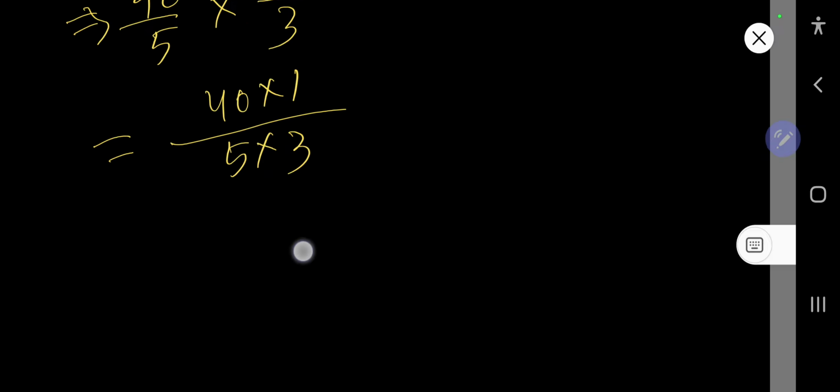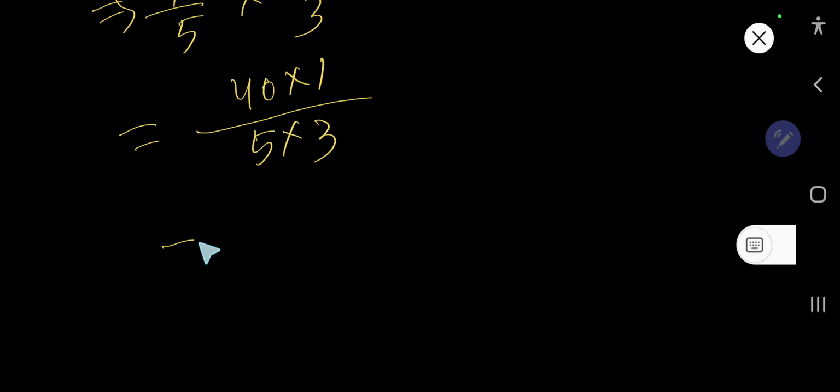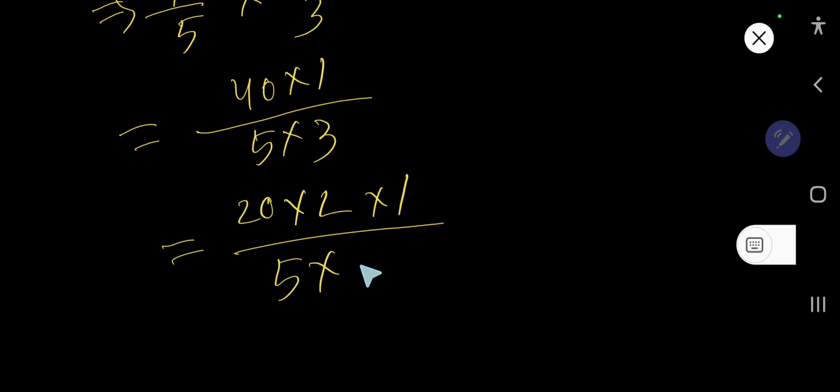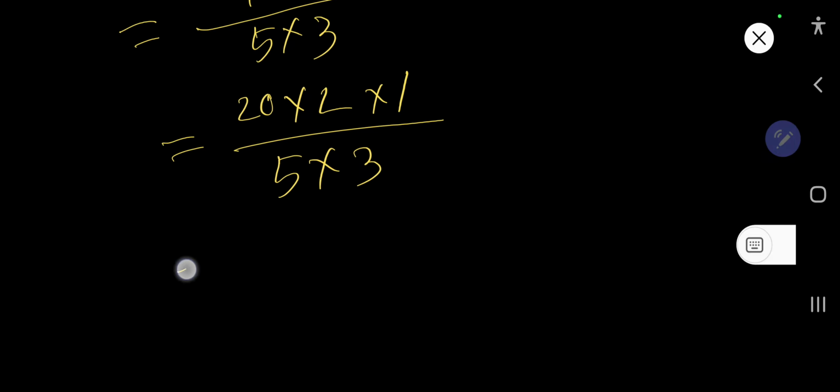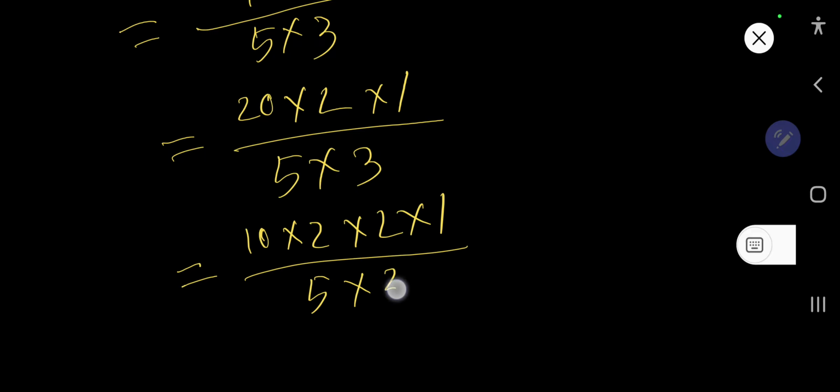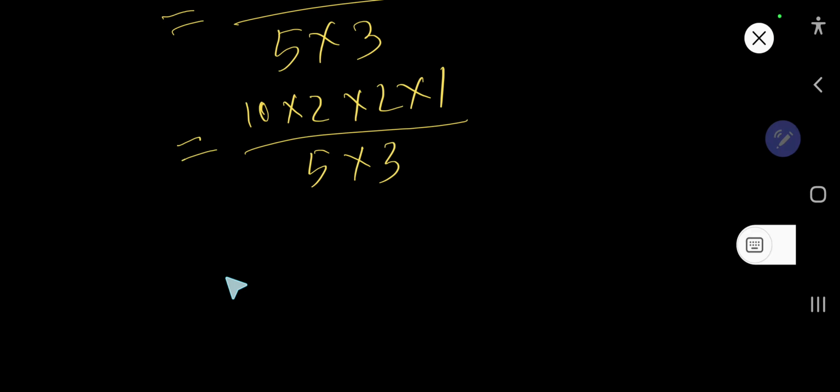So look, you can break this 40 as 20 times 2, right? And then also you can break this 20 as 10 times 2, and then you can break this 10 as 5 times 2.